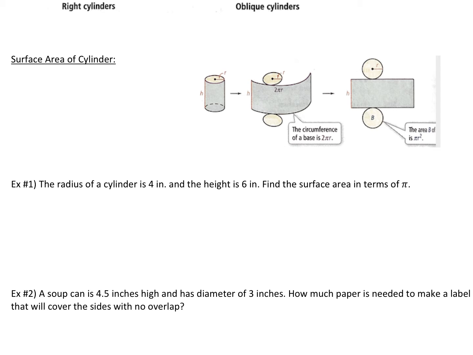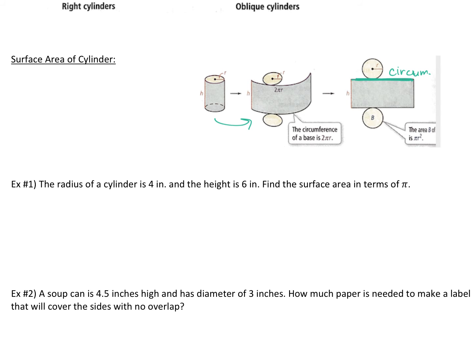If you were to cut that wrapper off and open it up, what shape do you get? A rectangle, okay? So essentially what you're finding is a rectangle and two circles, okay? So that's what this picture is showing you. We're opening it up. That means this length of the rectangle is the circumference of the circle, okay?